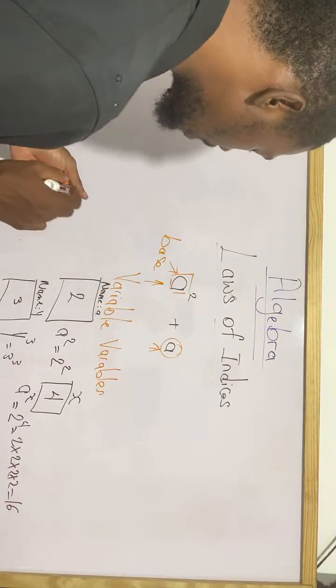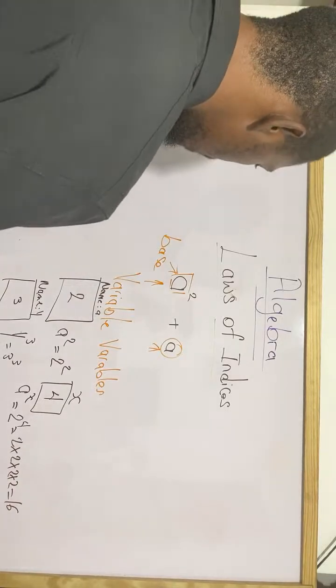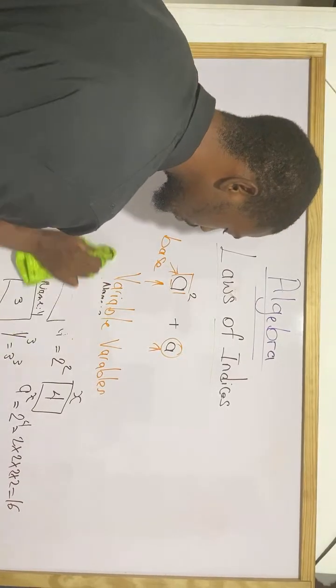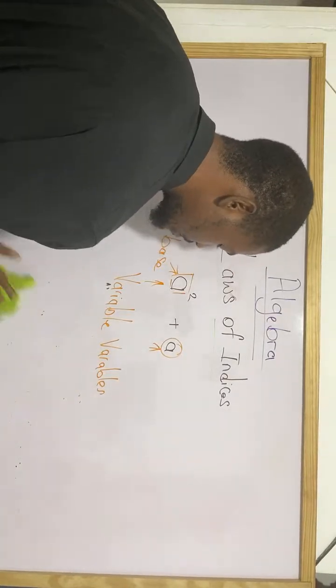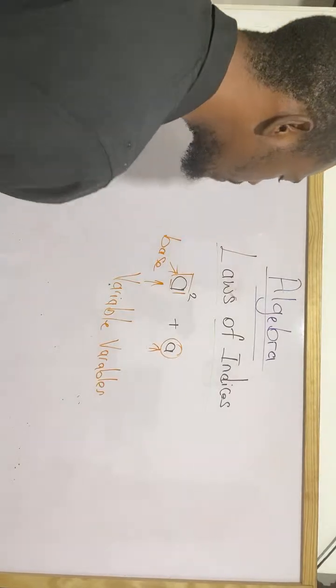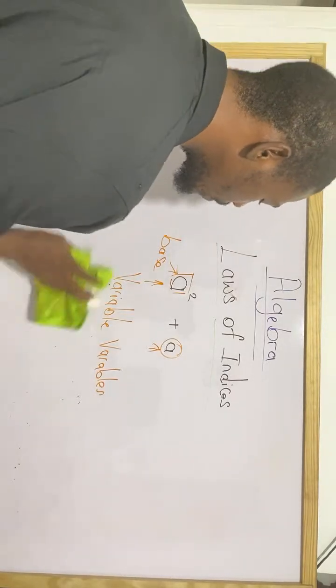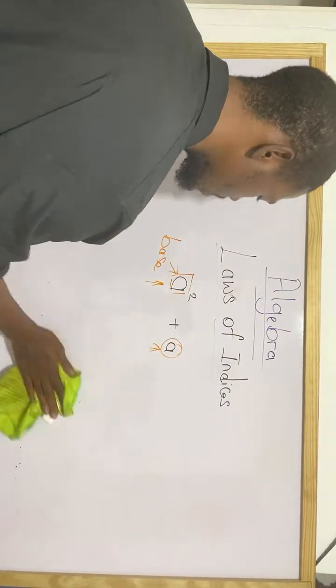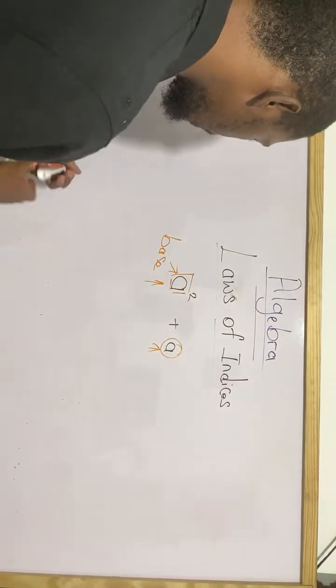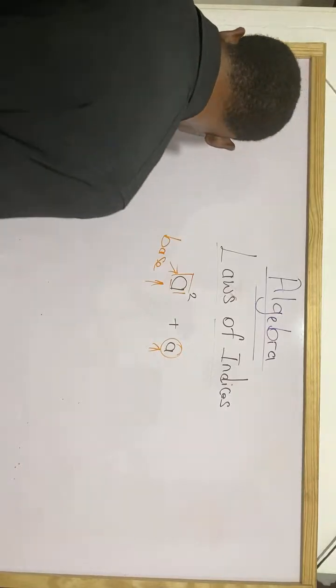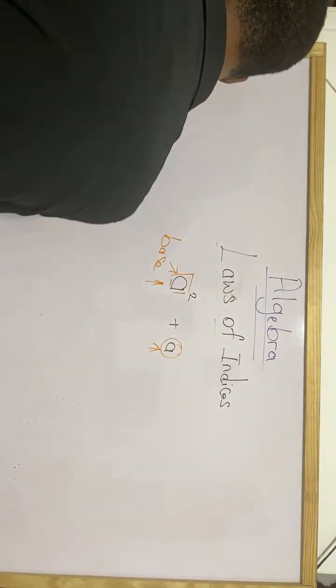So it's important to understand that a base doesn't necessarily mean a variable, but variables are the letters or symbols you will have, and they are storage containers. They hold any possible value.